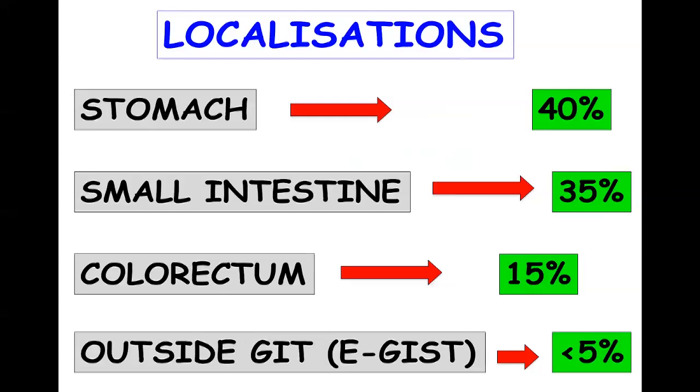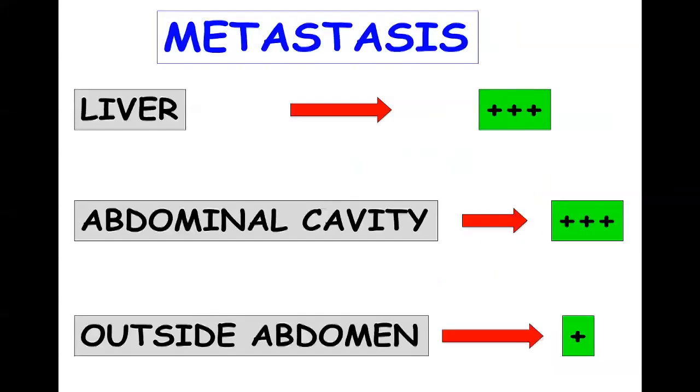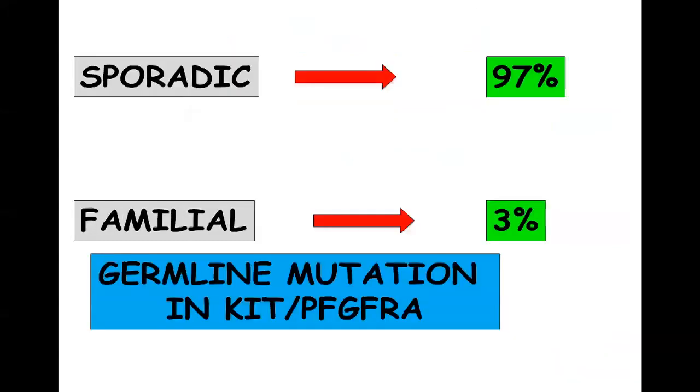The vast majority of metastases are in the liver and after in the abdominal cavity, and less outside the abdomen. 97% of GIST are sporadic, 3% are familial with a germline mutation in KIT and PDGFR alpha.